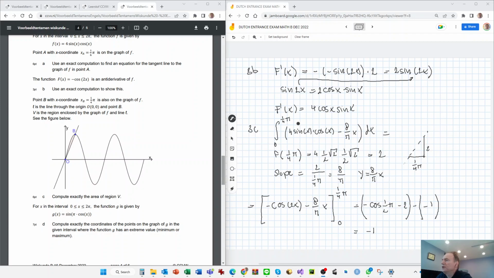Should be correct. Then the primitive was given minus. Okay, I did make a mistake. This actually should be x squared and a half.